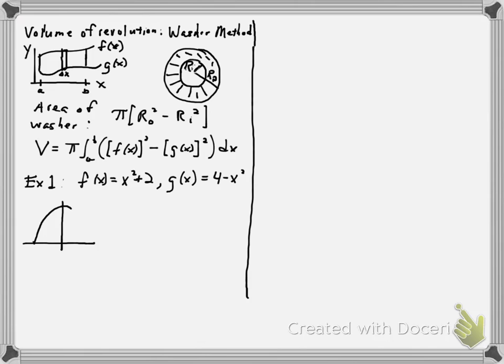This is what a plot of g of x looks like. And x squared plus 2 looks something like this. So we're taking this region here and rotating about the x-axis. This is x squared plus 2, and this is 4 minus x squared.